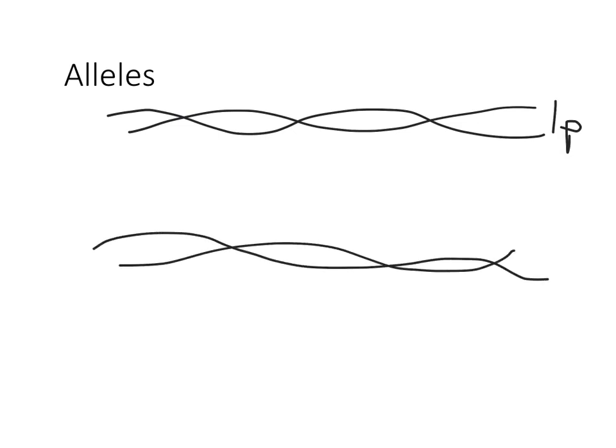Let's say this is chromosome 1 from your dad, chromosome 1 paternal, chromosome 1 from your mom. Right, each of you presumably have a mother and a father, or did at some point, and you got your genes from them.